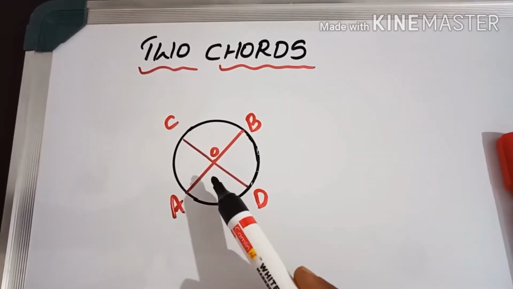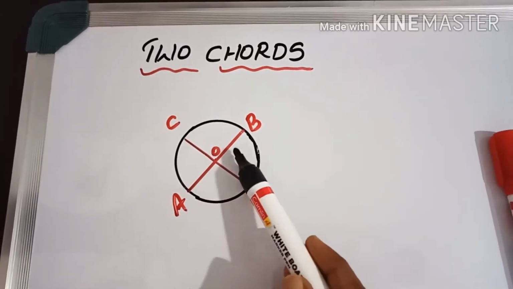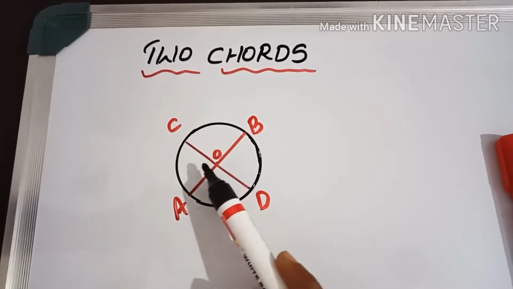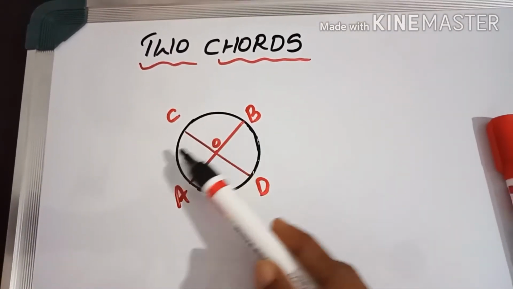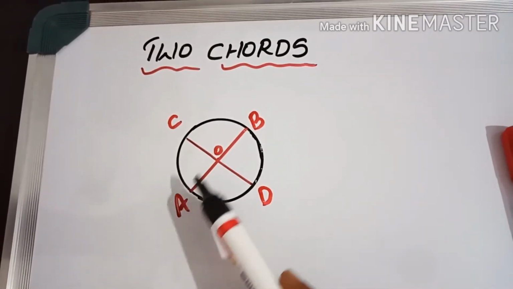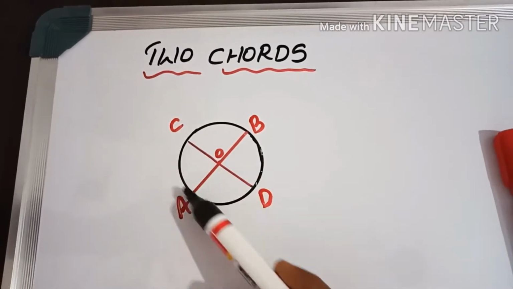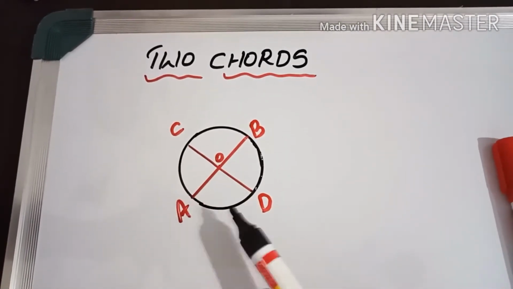This we already learned. When two diameters cross each other, the two diameters are divided into four equal parts from the center, because OB, OD, OA, OC, all four parts are equal, as these two are diameters.